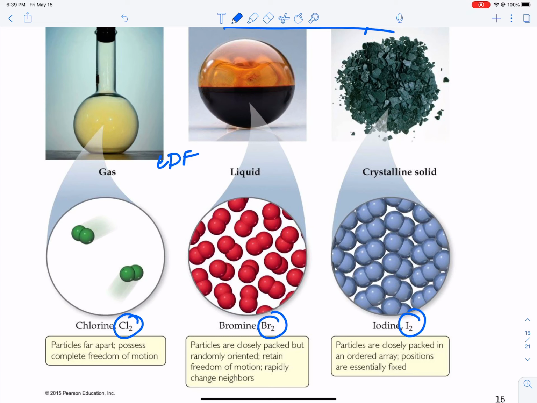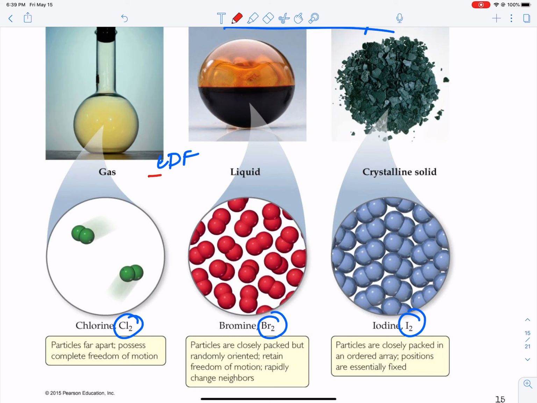So what makes the difference here? We discussed this last week actually, in one of the videos, and just in the previous video, that the greater the number of electrons, the more polarizable a molecule will be, and the stronger the London dispersion forces.